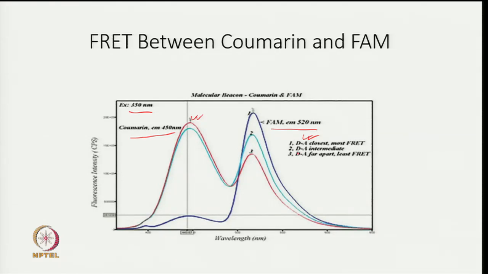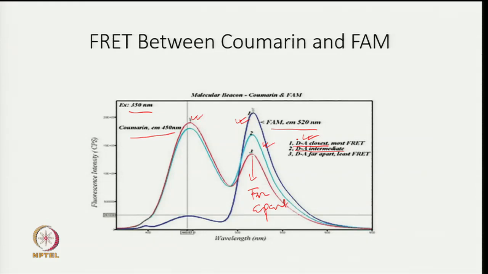One is when dA is closest. So, this is when dA is closest. The second when dA is intermediate, and this is when dA are far apart. D stands for donor and A stands for acceptor.